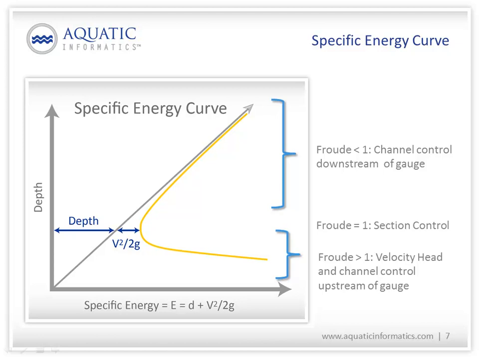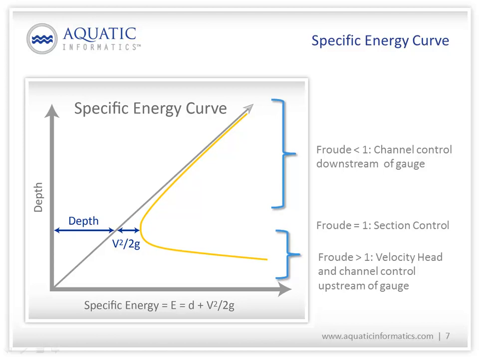The velocity head component can never be negative, and so we have this curve to the right of that one-to-one line drawn between depth and specific energy. At a Froude number of 1, we have a velocity head component that is exactly 1/2 of the pressure potential energy component. This is a minimum on the specific energy curve.